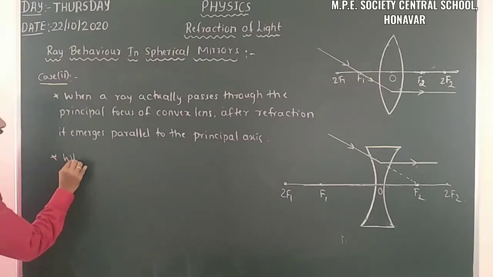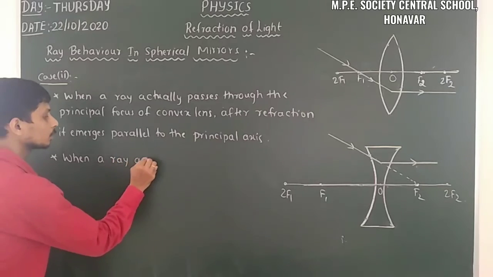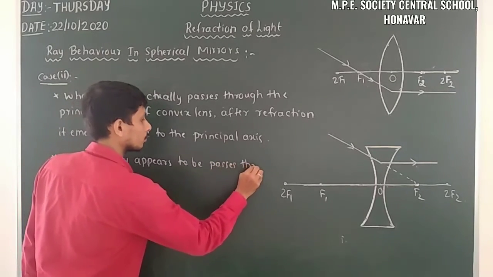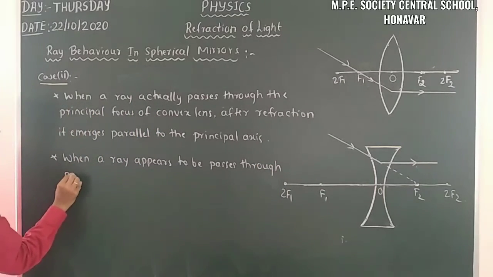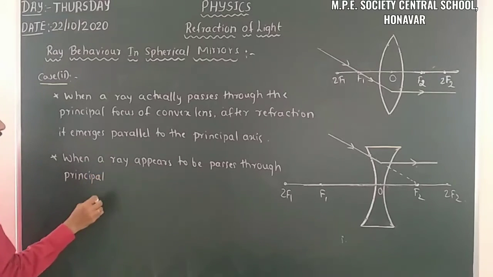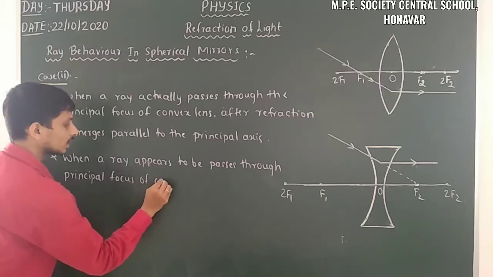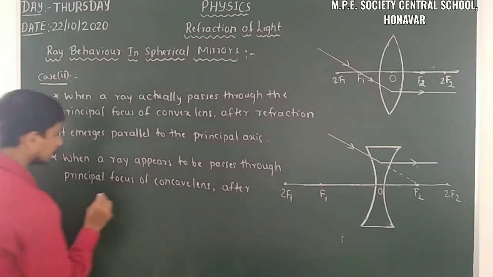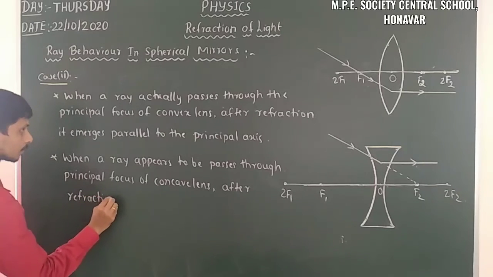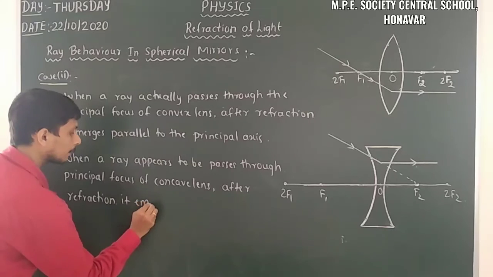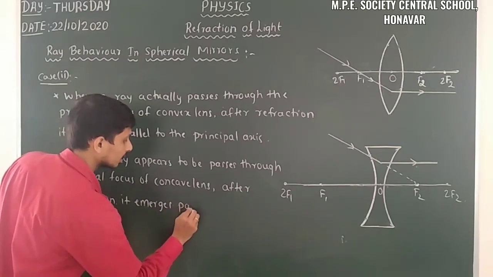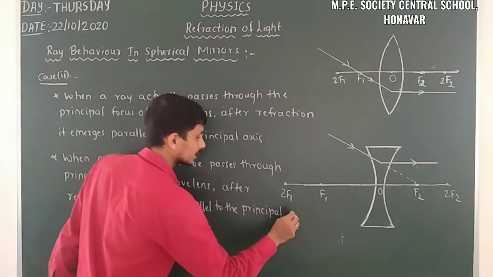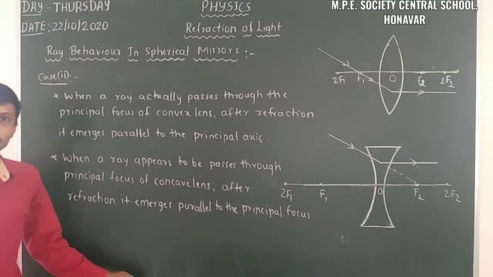When a ray appears to pass through the principal focus of the concave lens, try to write it yourself, after refraction it emerges parallel to the principal axis.